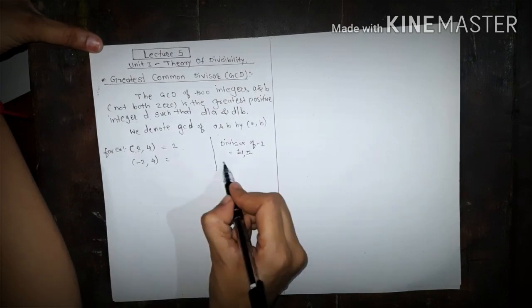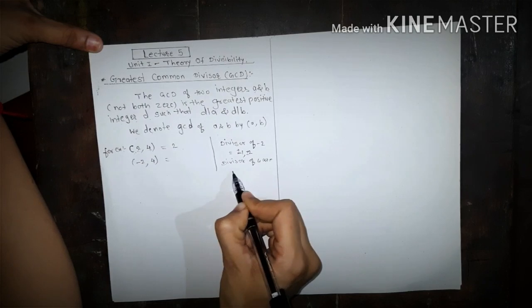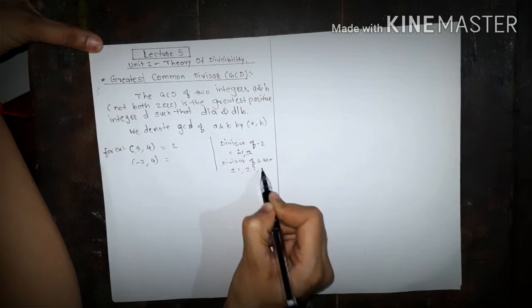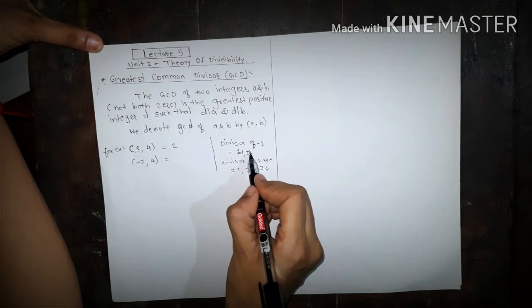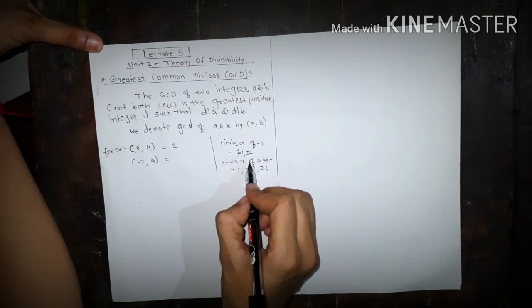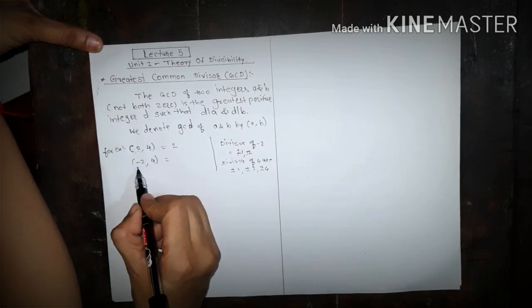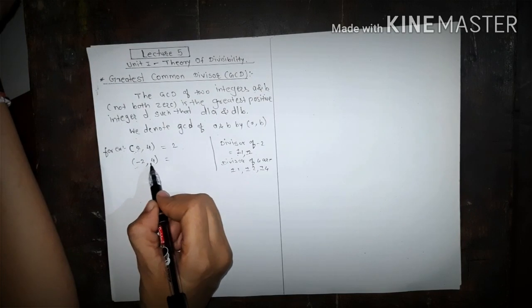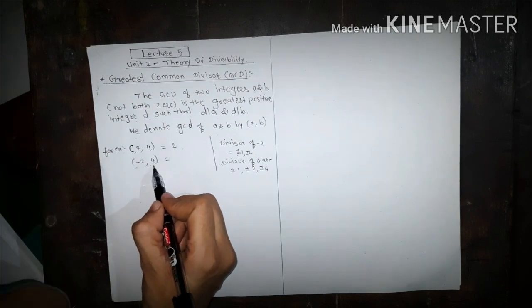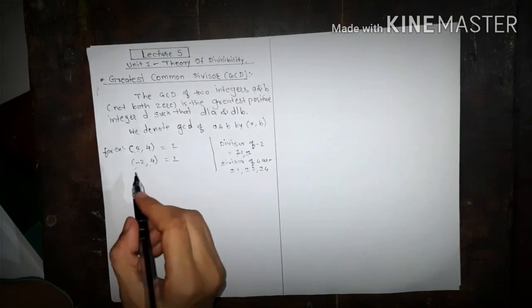Divisors of 4 are plus minus 1, plus minus 2, plus minus 4. So the common divisors are plus minus 1 and plus minus 2, and the greatest among those is 2. So the common divisor which divides both minus 2 and 4 and is largest among these is 2.